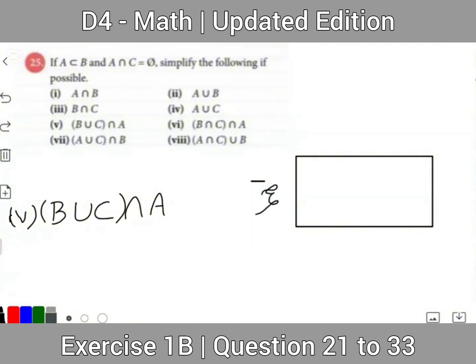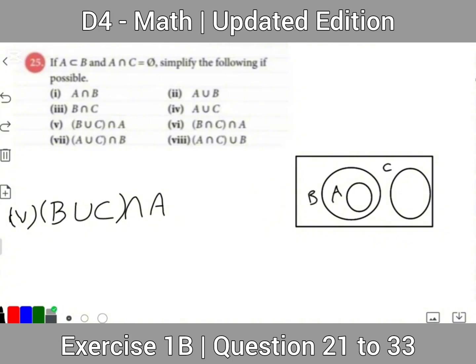Inside it, we have circles representing the sets A, B, and C respectively. Since first we have to find out B union C, so we will shade the region for B union C.